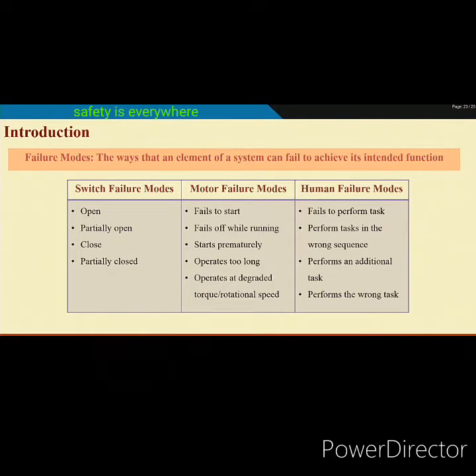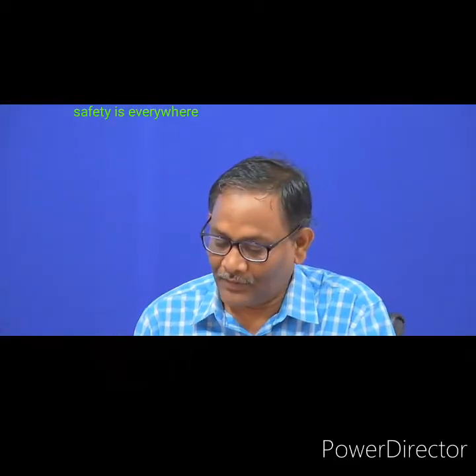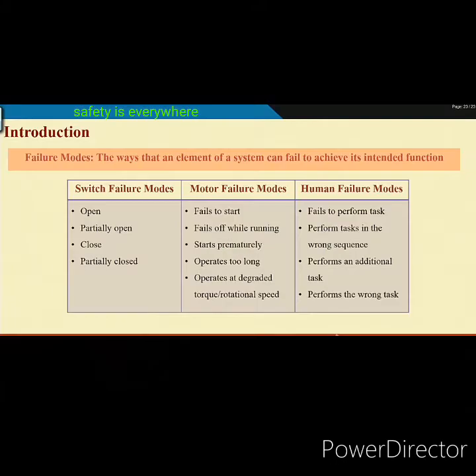So, now what is failure mode? Failure mode and effect analysis is a very important hazard identification and analysis technique, which is used particularly in equipment failure cases. If you recall my earlier lecture, I told you that a hazard can be process related, an equipment or machinery hazard, a human hazard, or a software hazard.